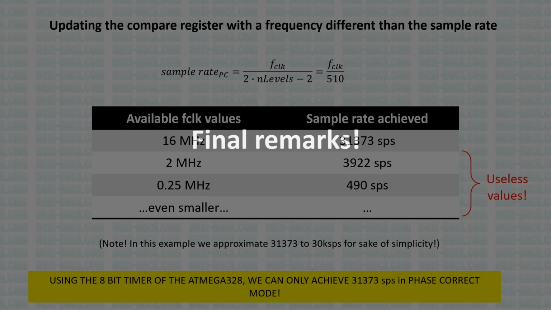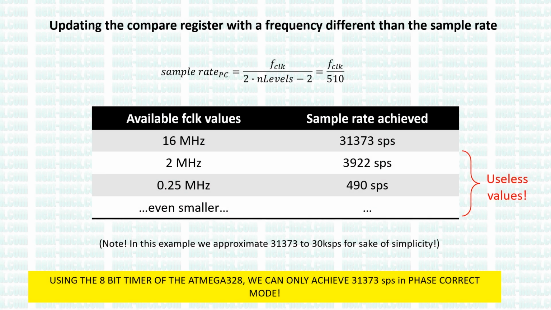Now there is still something more to tell you. For our final application, we need a 20 kilosamples per second audio. However, with the 8-bit timers, we can only generate a very limited number of sample rate values. The only one which is not completely useless is achieved when the input frequency is the maximum value, i.e. 16 MHz.